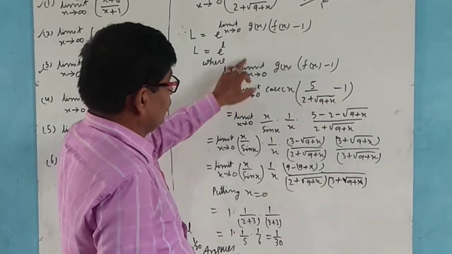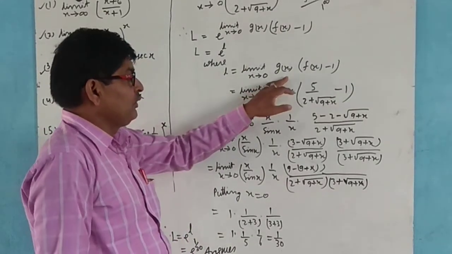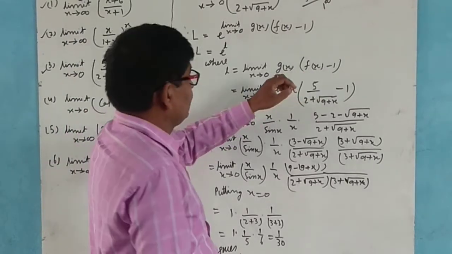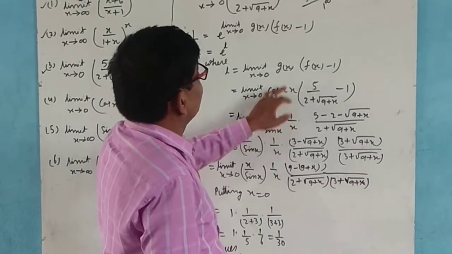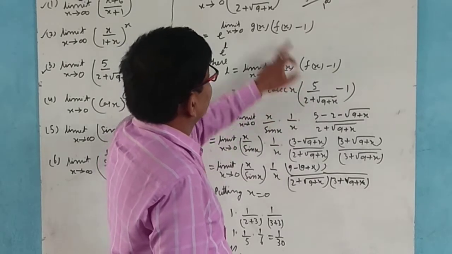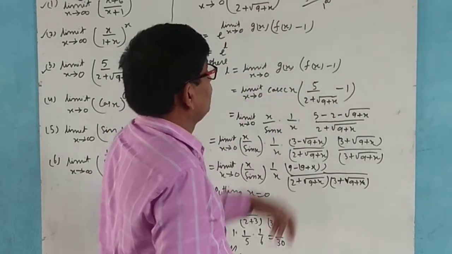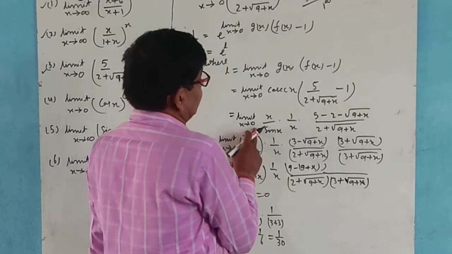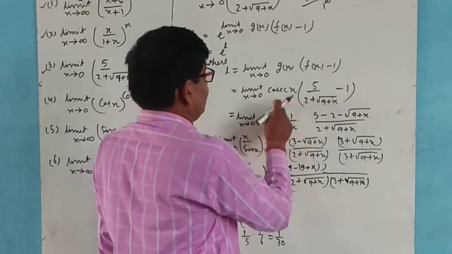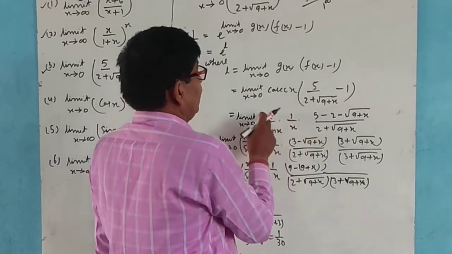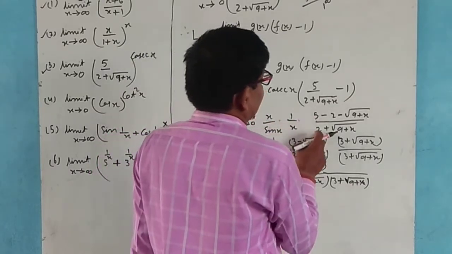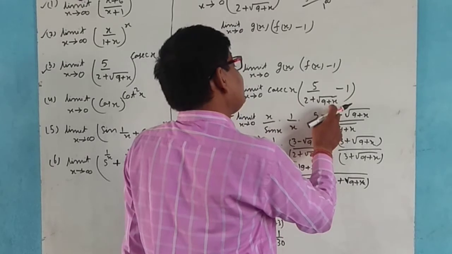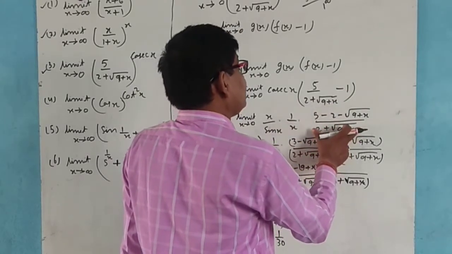Now L is equal to limit x tends to 0 of g(x)(f(x) minus 1), where f(x) to the power g(x), so that g(x) times (f(x) minus 1). Now limit x tends to 0, cosec x equal to 1 by sin x, and multiply and divide. Now we take 2 plus root 9 plus x LCM.